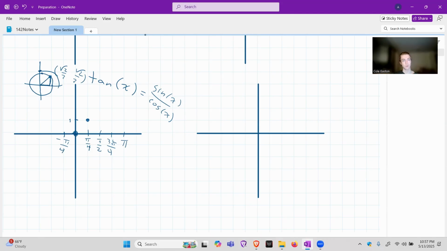So let's say like here, our sine is almost 1, and our cosine is almost 0, but it's positive, right? So we have a number that's almost 1 divided by a really tiny positive number, and that means that we're getting a really big number. So pi over 2, as we approach that, we're going to approach a really big number.